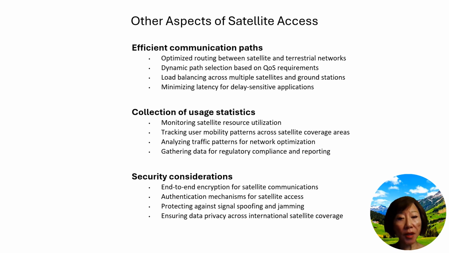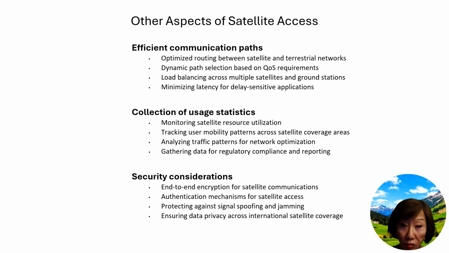The collection and analysis of usage statistics play a vital role in ongoing optimization and management. This includes monitoring resource utilization, tracking usage mobility patterns, analyzing traffic patterns, and gathering data for regulatory compliance.